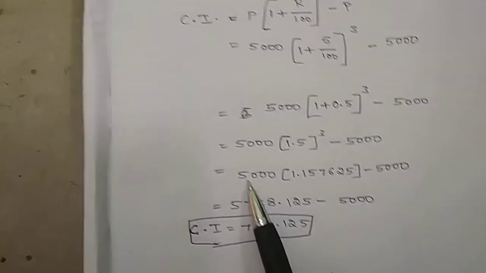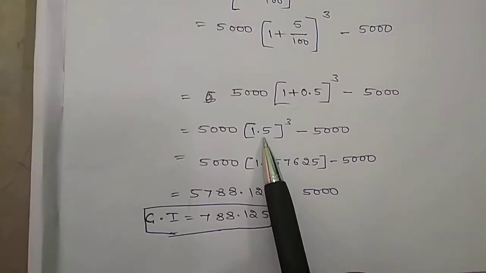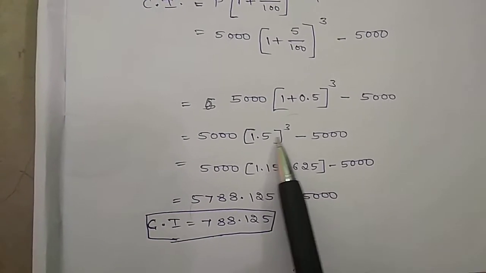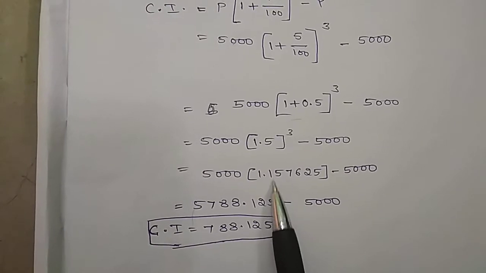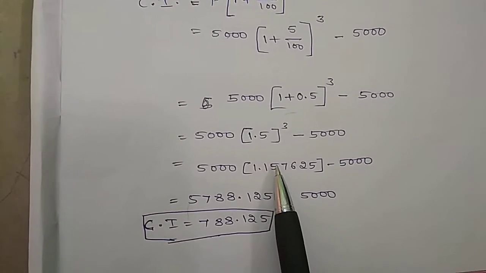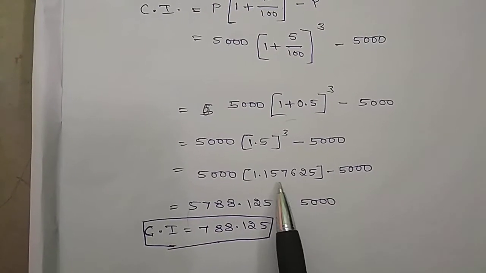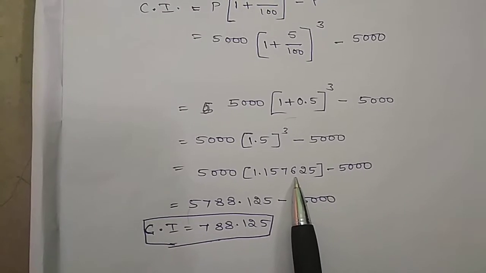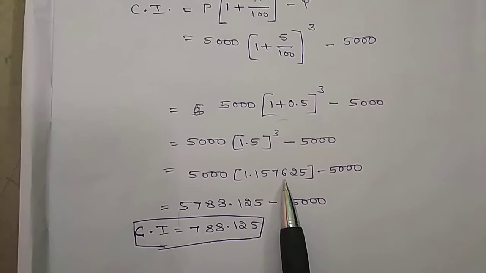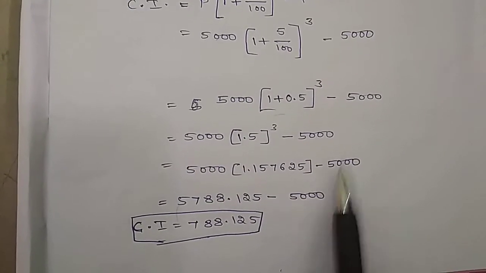In the next step, 5,000 as itself. First we have to multiply 1.05 three times, 1.05 cubed, which comes as 1.157625. You can write the full value, or you can take up to 4 digits. I already told you in class itself, you can take it up to 4 digits. Close the bracket, minus 5,000.